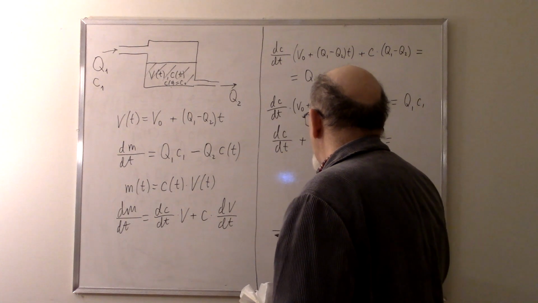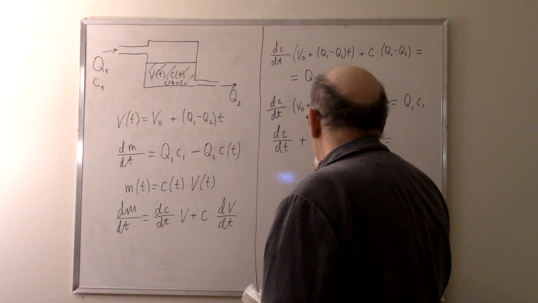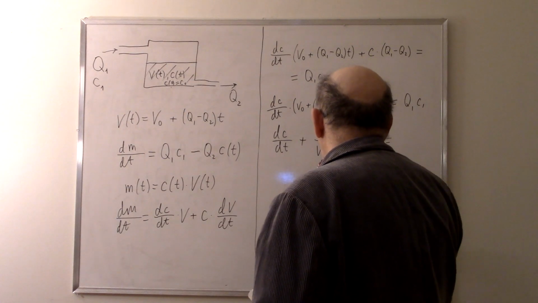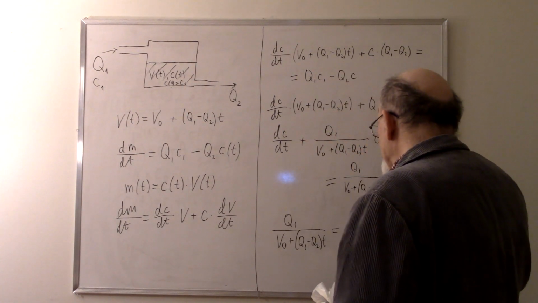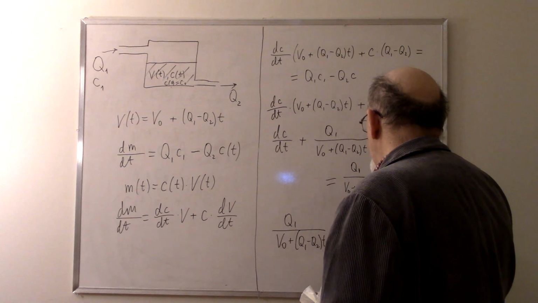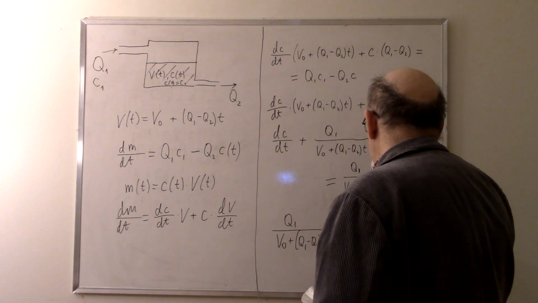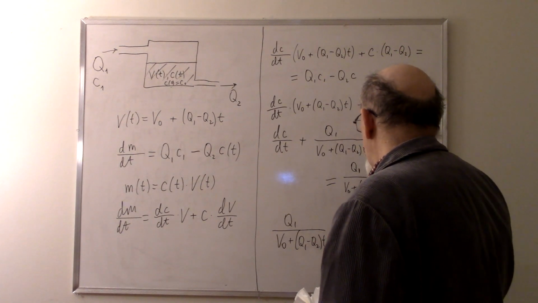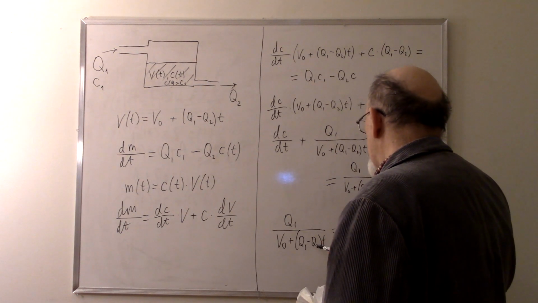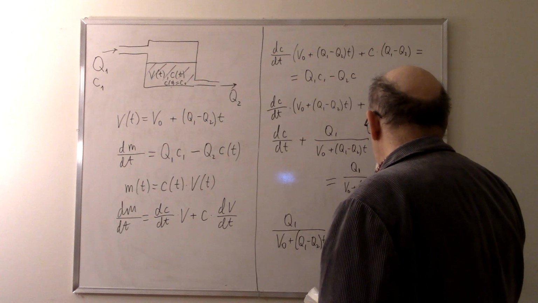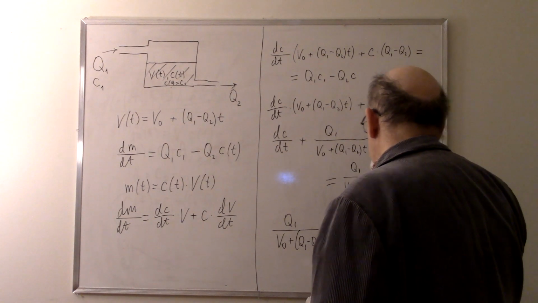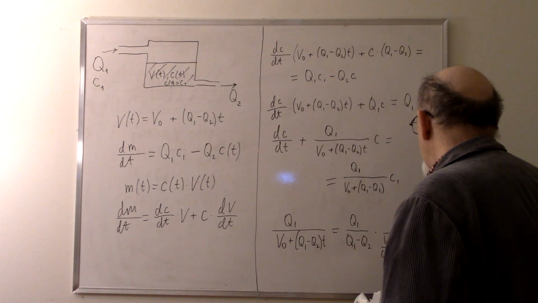Q1 divided by (V0 plus (Q1 minus Q2)t) equals Q1 divided by (Q1 minus Q2) times 1 divided by (V0 over (Q1 minus Q2) plus t).